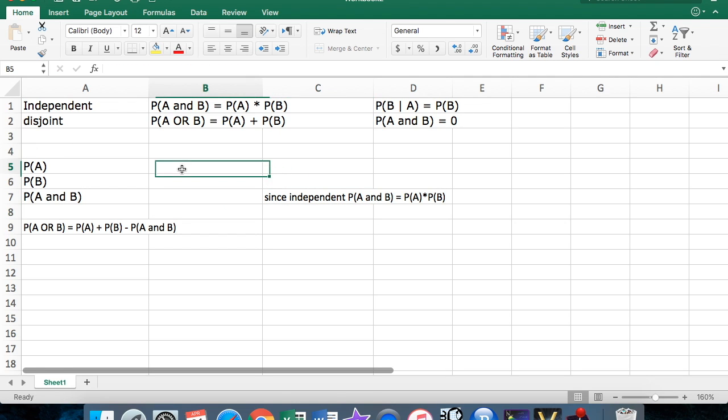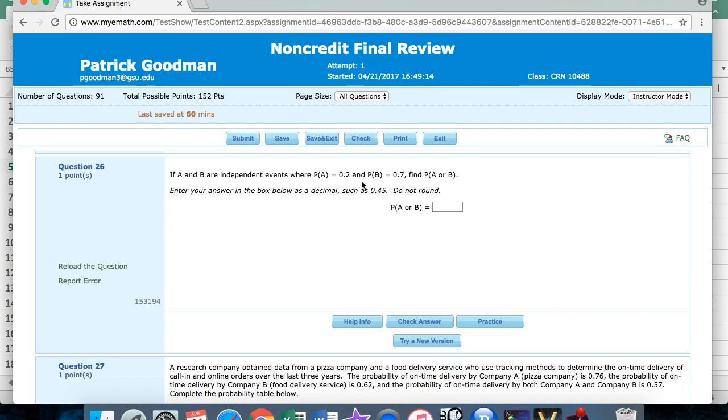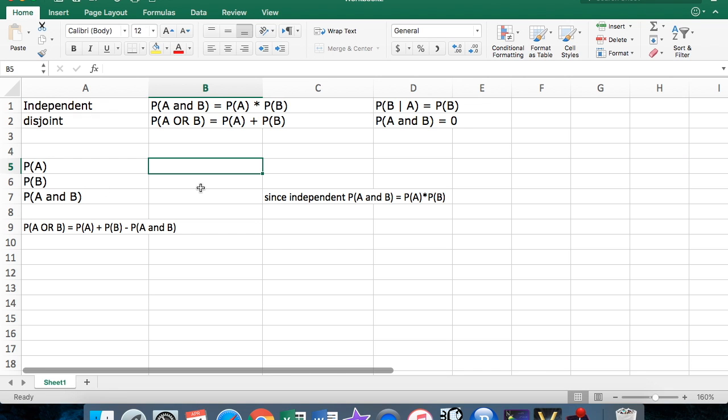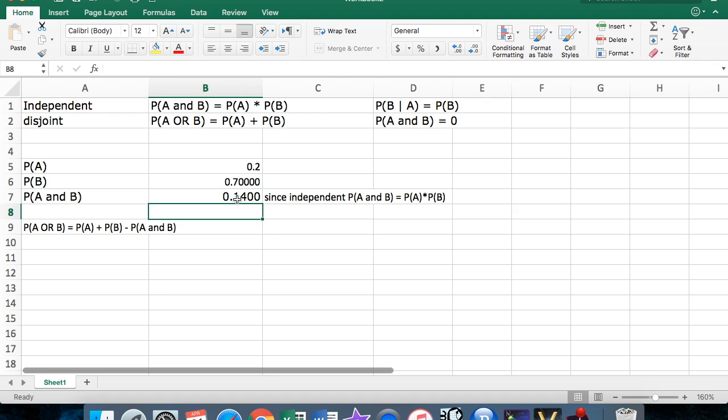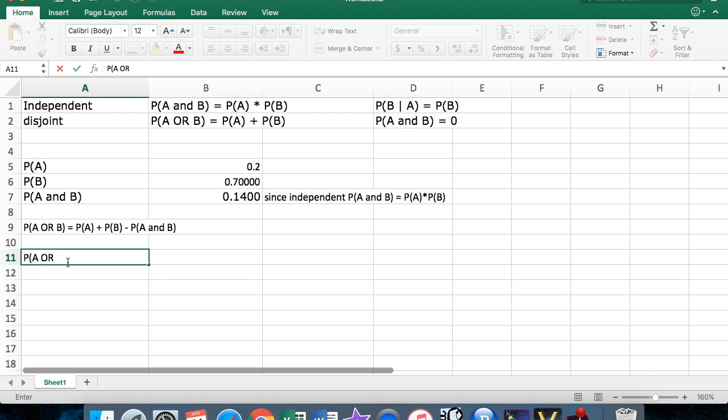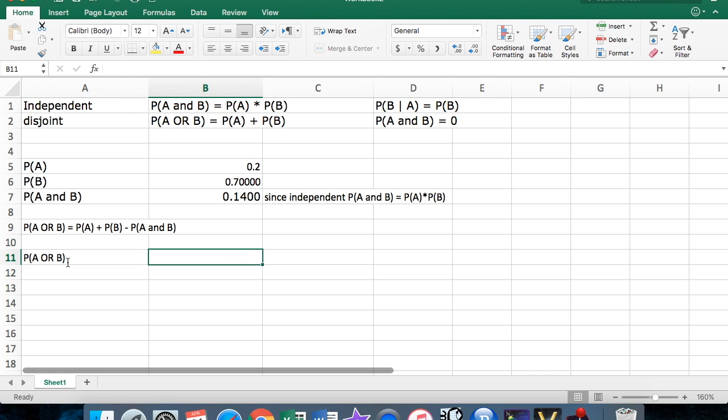There we go. So probability of A, they give me, is 0.2, and then B is 0.7. And their product is simply, take your A times your B, and you got it. So 14%.